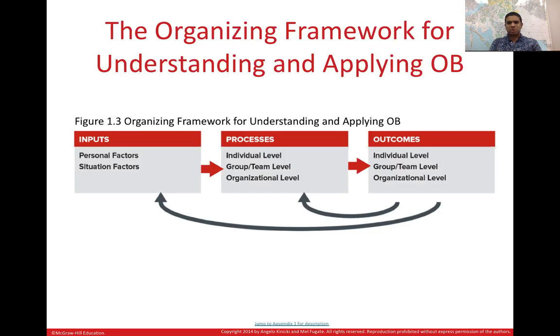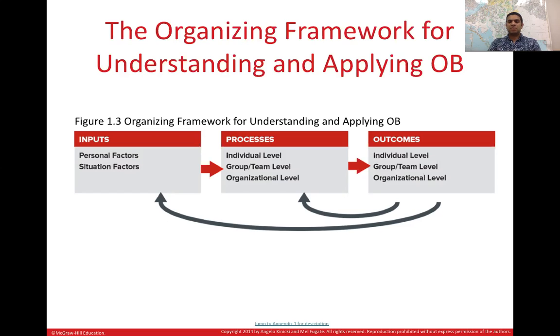So if you're a for-profit organization, do you achieve specific targets for sales, for profit, for maybe safety of your employees? Or if you're non-profit, do you really achieve your social objectives of maybe making sure that you have enough blood in the blood bank for your patients, that you have enough food for the food drive that's coming up, and so forth.